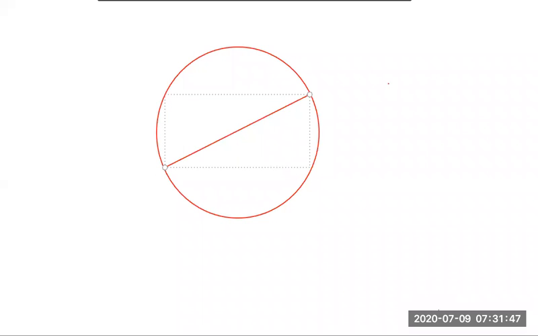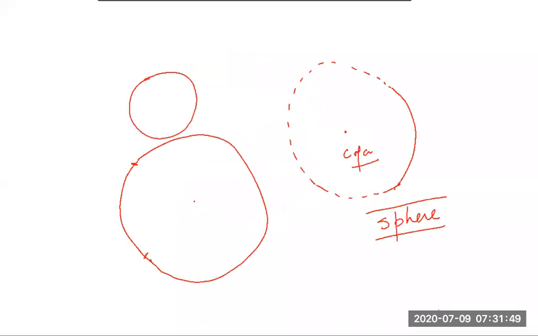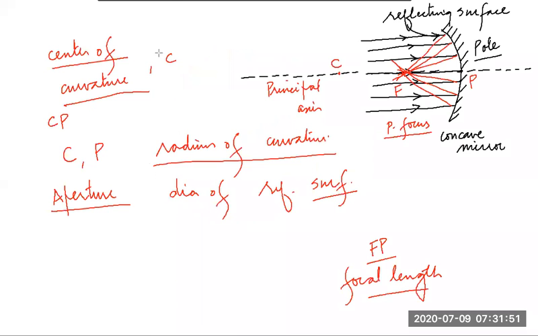Now guys, you see, a very important thing, only in case of spherical mirrors with small apertures. Small apertures mean small surface area, and the diameter of that surface area is the aperture.